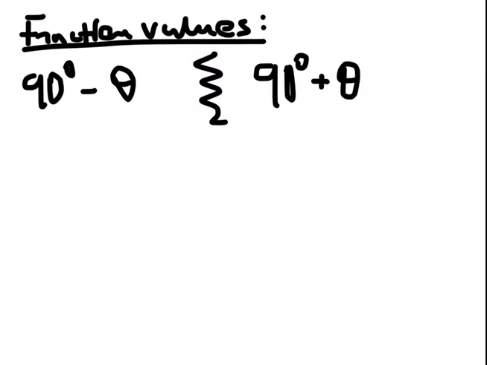Function values of 90 degrees minus theta and 90 degrees plus theta. Obviously, in the previous lesson, I took you through the function values of 180 degrees minus an angle, and another one for 180 degrees plus an angle, and lastly the one for 360 degrees minus an angle.